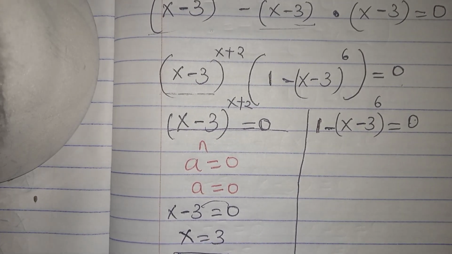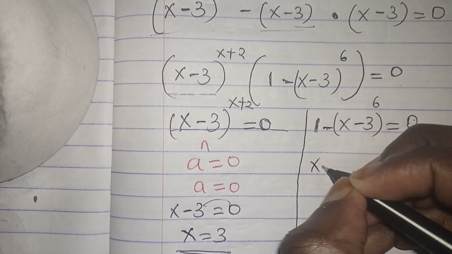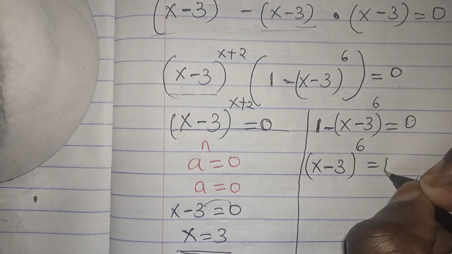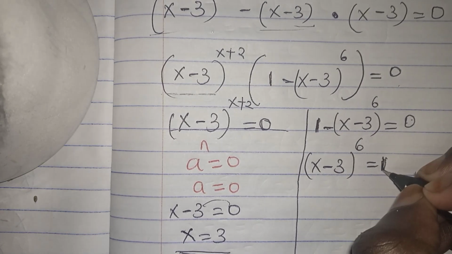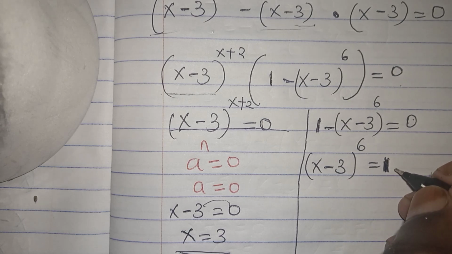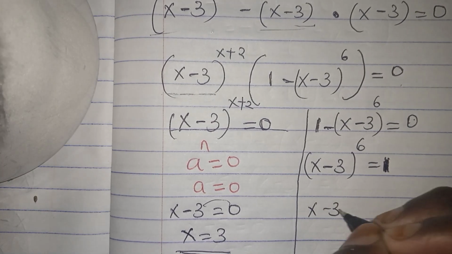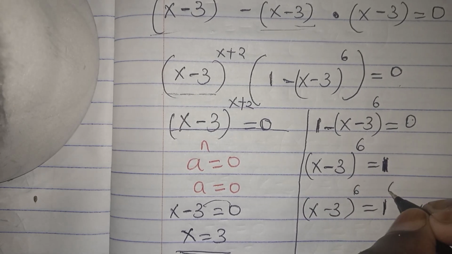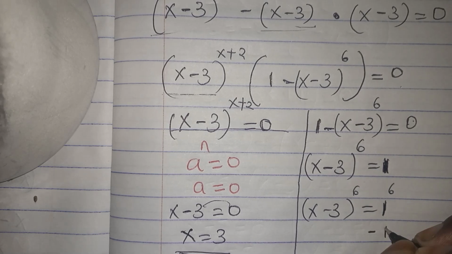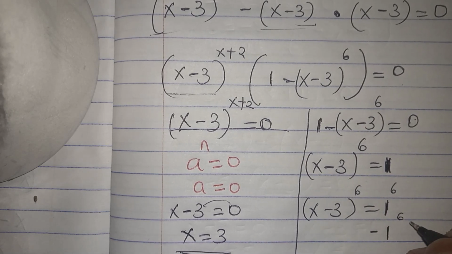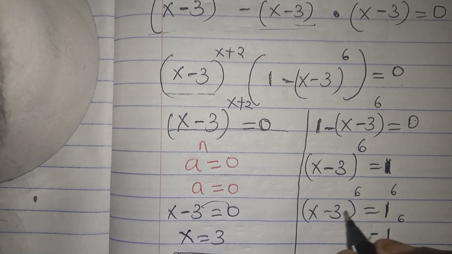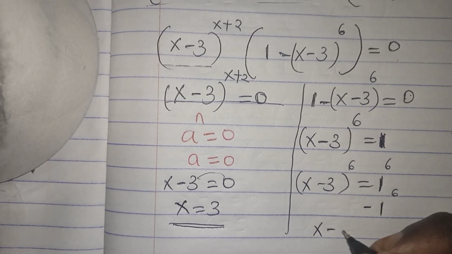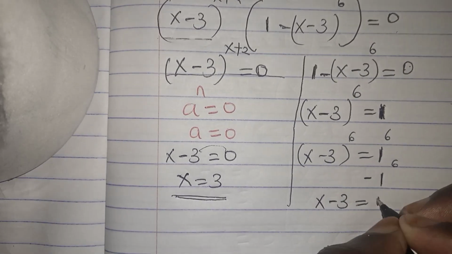And on this side, I will write (x - 3)^6 = 1, bringing this 1 to the other side. So (x - 3)^6 = 1^6, or (-1)^6. So I will first equate the first one, which is x - 3 = 1.